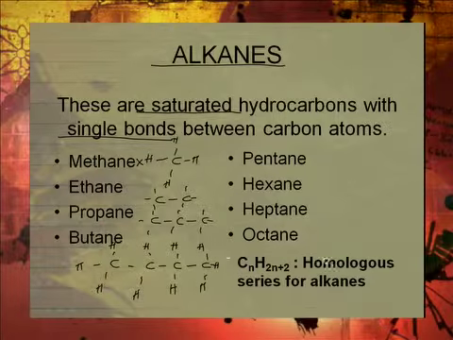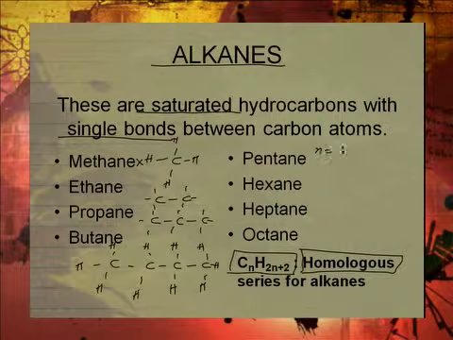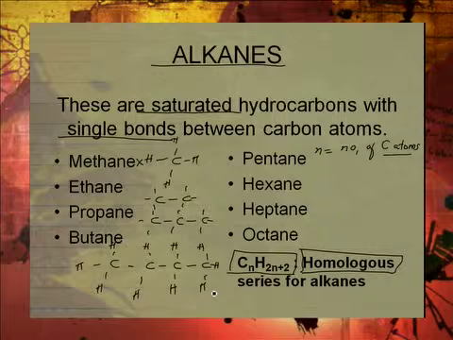Please never ever just have a line to represent your bond without putting in those atoms that are bonded to it. Now these alkanes have a homologous series, and we can find it by using the formula CnH2n+2, where n is the number of carbon atoms. For example, let me quickly show you how it works. Say I come to butane with 4 carbon atoms.